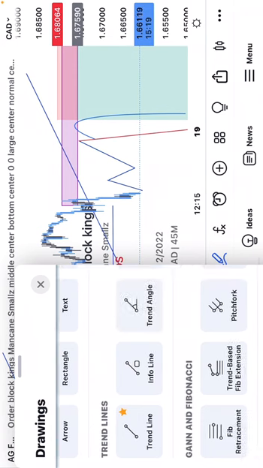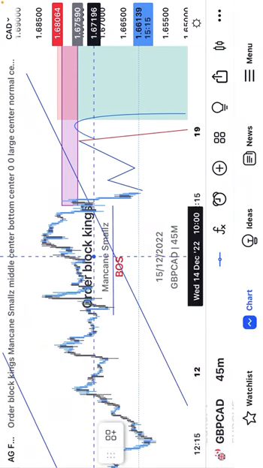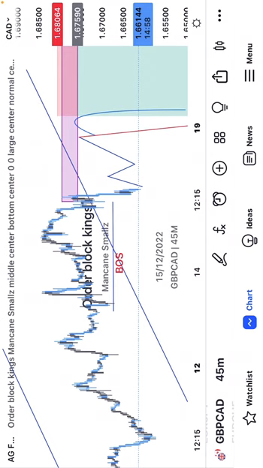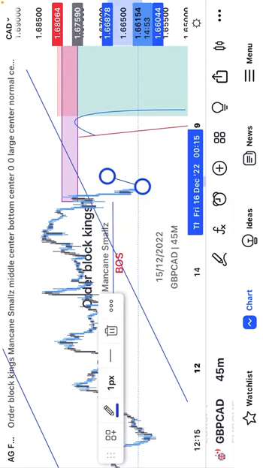On GBPCAD, okay, let me use this horizontal line there. I don't like this. So yeah, GBPCAD has changed the direction, so we're looking for selling opportunities now.